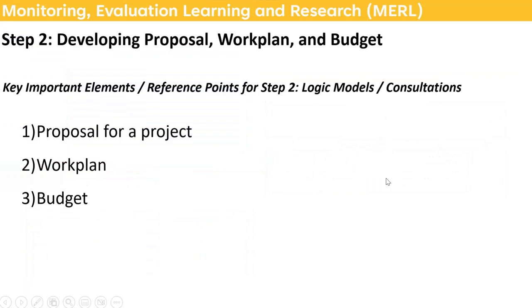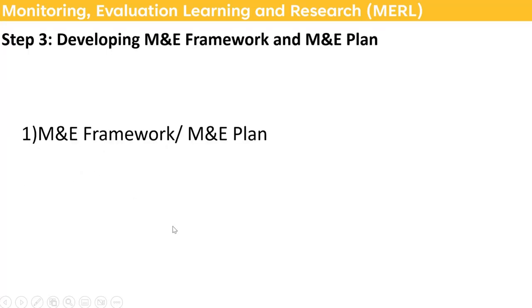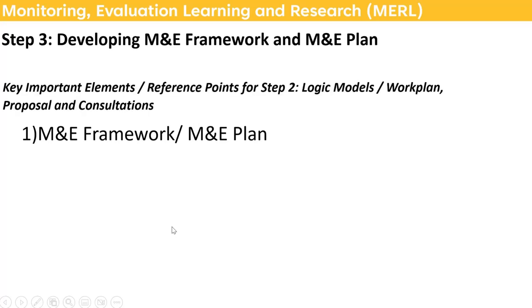So now in step 2, developing proposal, work plan and budget, the key reference points for this step are the logic model and the consultation. So here we will be developing the proposal, work plan and budget. And then in step 3, you have to develop the M&E framework and the M&E plan.